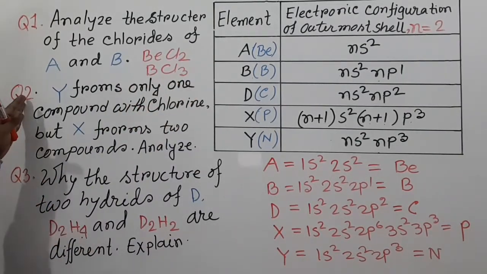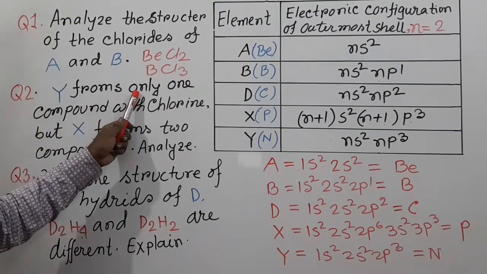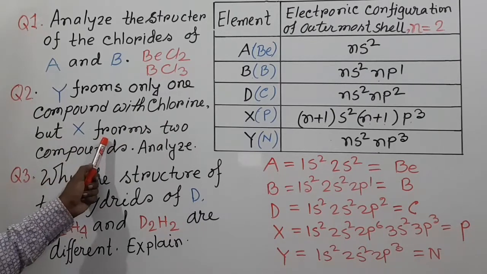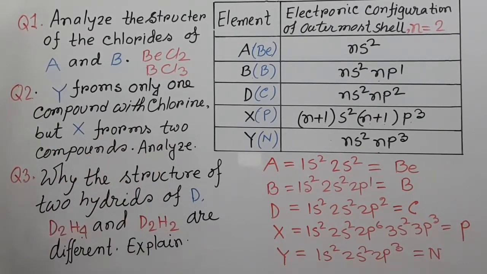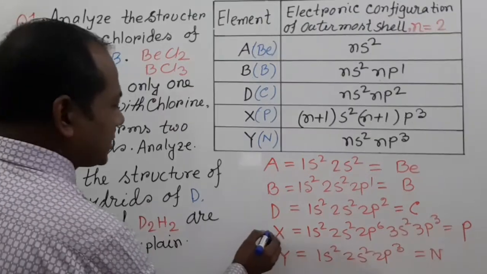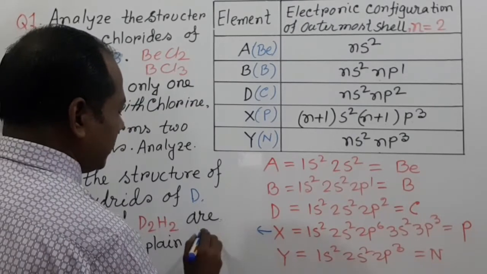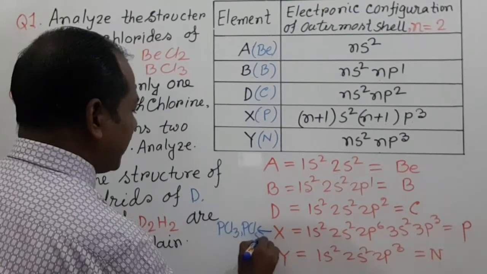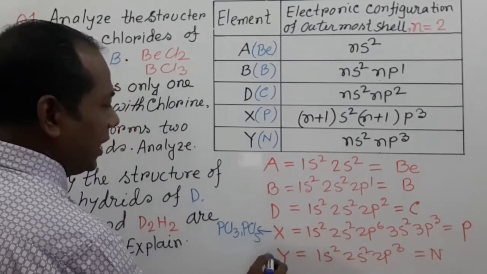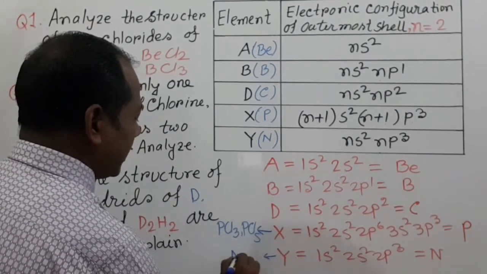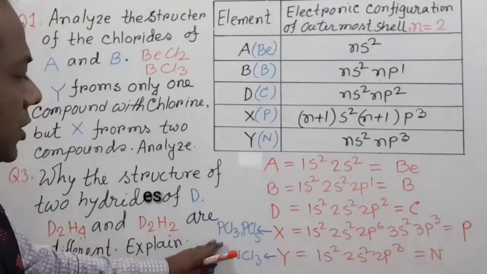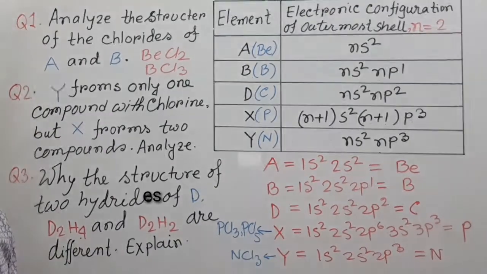Here is our second question: Y forms only one compound with chlorine but X forms two compounds. Analyze. My dear students, we can say that X forms PCl3 and PCl5 compounds, and Y forms only NCl3, nitrogen trichloride, but X forms phosphorus pentachloride and phosphorus trichloride.